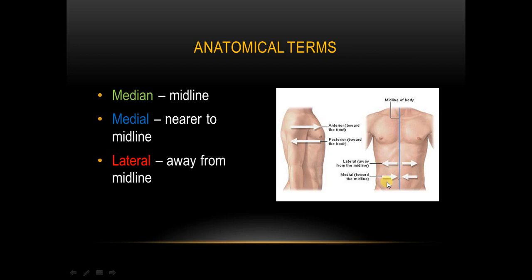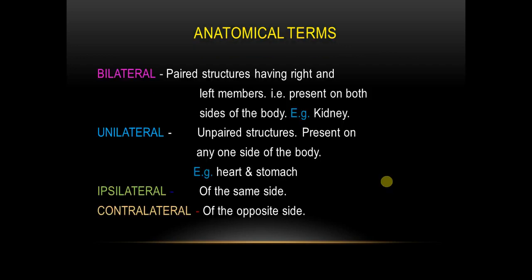So we have seen anterior, posterior, superior or cephalic, inferior or caudal. Then we have seen medial, which is nearer to the midline, and lateral, which is farther from the midline. The other terms which we come across more frequently in anatomy is bilateral, that means present on both sides, right side and left side.